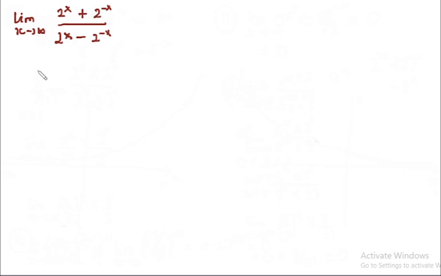This becomes (2^infinity + 2^(-infinity)) divided by (2^infinity - 2^(-infinity)). 2 to infinity is infinity, plus 2 to minus infinity is 0 from our graphs, divided by infinity minus 0.